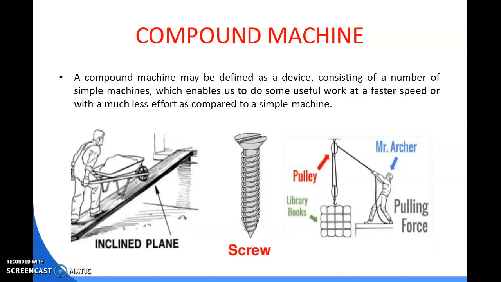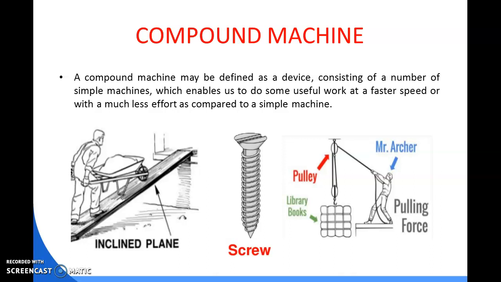Now, what do you mean by compound machine? A compound machine may be defined as a device consisting of a number of simple machines which enables us to do some useful work at a faster speed or with much less effort as compared to a simple machine.